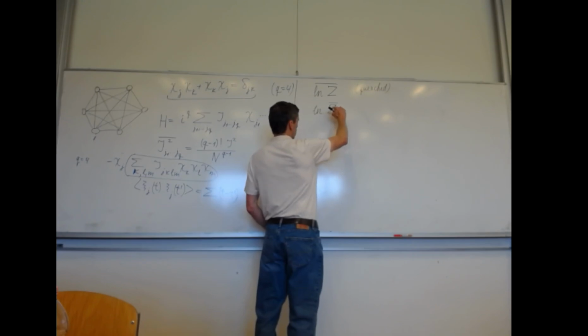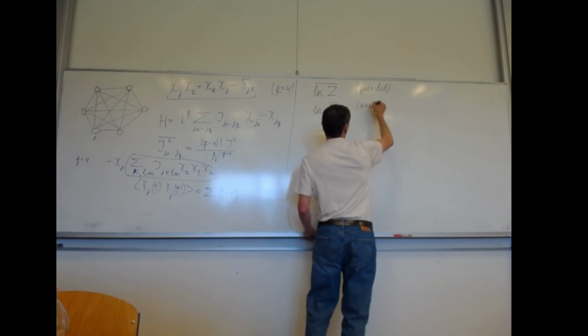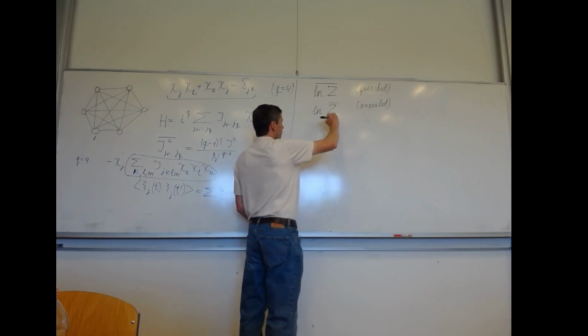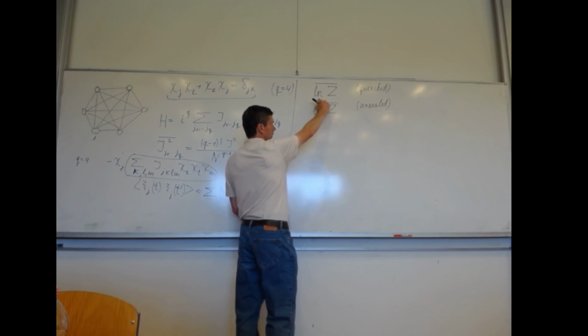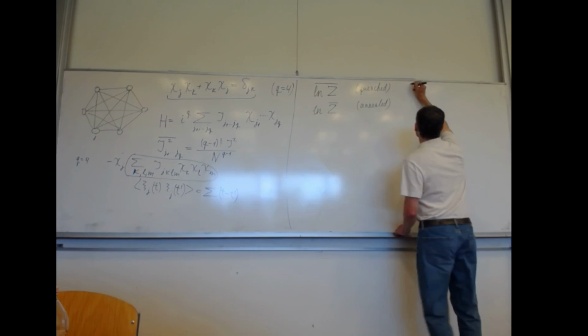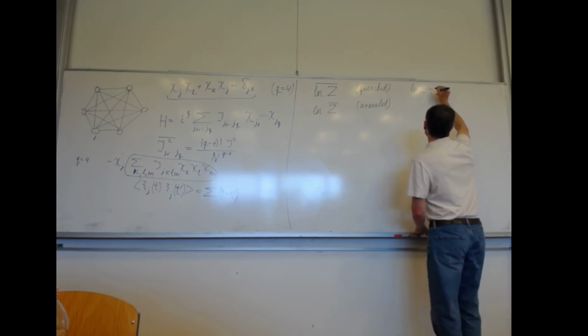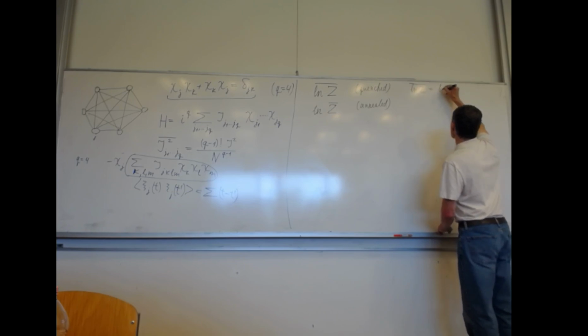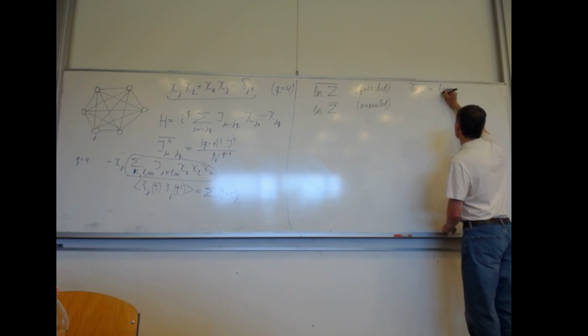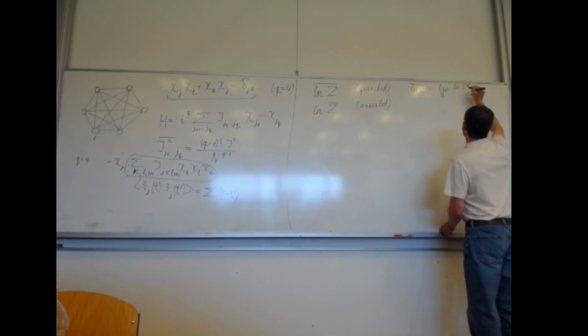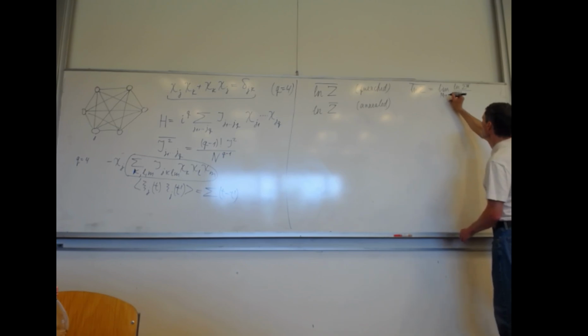This process corresponds to averaging of Z over the disorder, and then taking the logarithm. This is easy. The first thing requires replicas. So log Z is, if we have n replicas, we can take Z to the n, take its log and divide by n, and take n to 0.